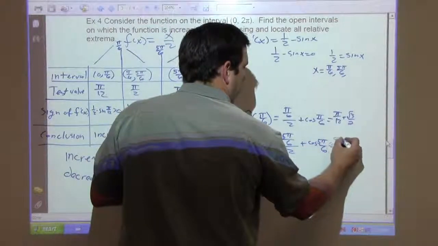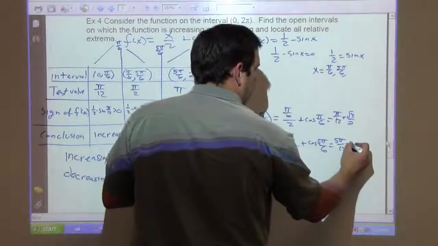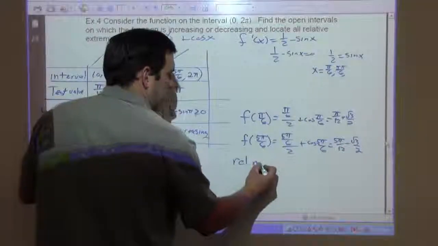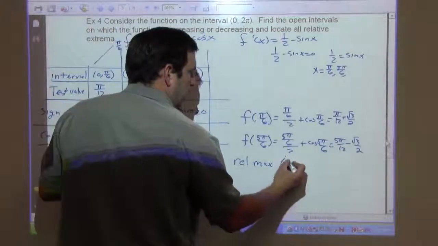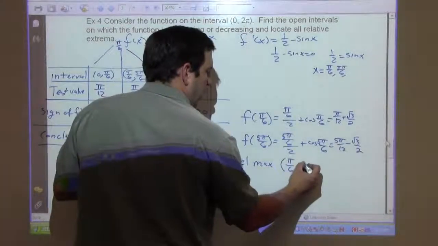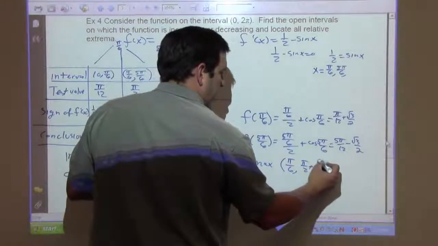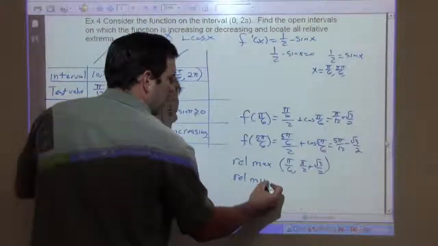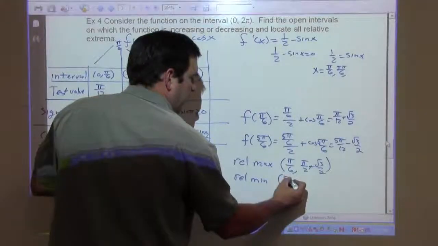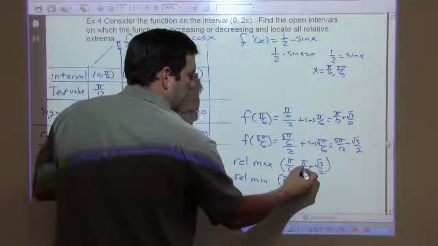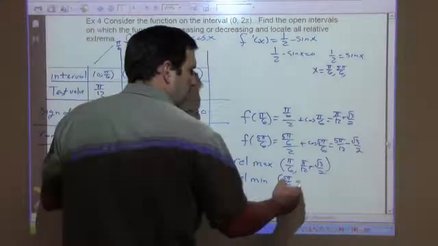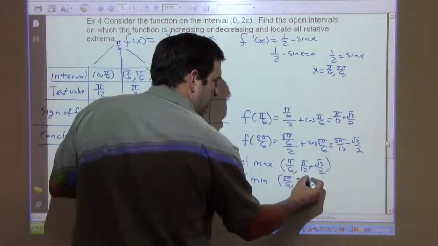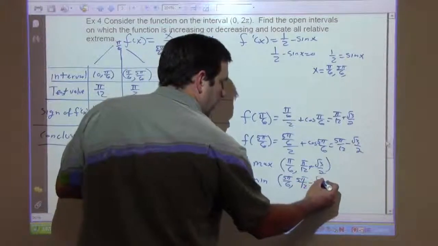That's going to be 5 pi over 12 minus square root of 3 over 2. So our relative max is going to be located at pi over 6, comma, pi over 12 plus the square root of 3 over 2. And the relative min is going to be located at 5 pi over 6, comma, there should be 12 there, 5 pi over 12 minus square root of 3 over 2.